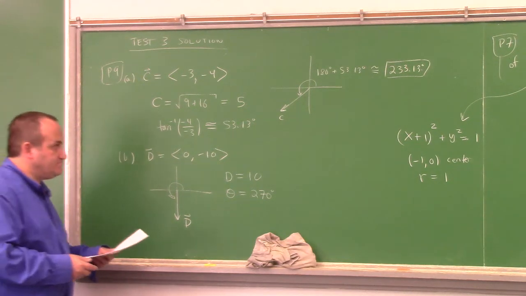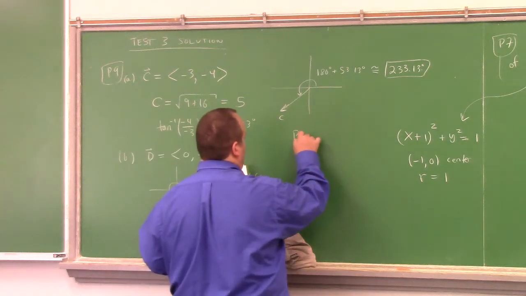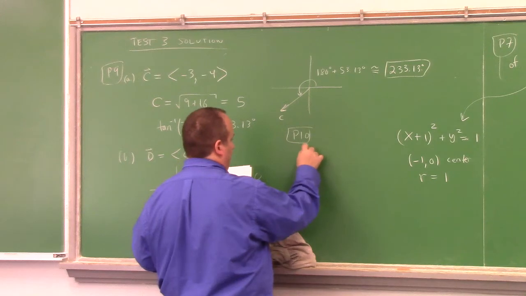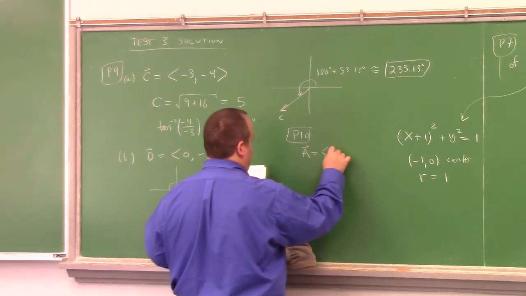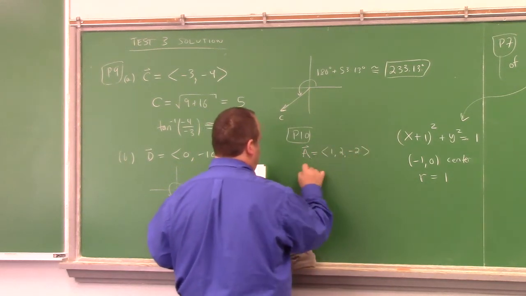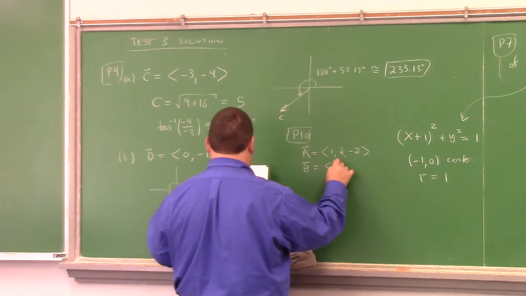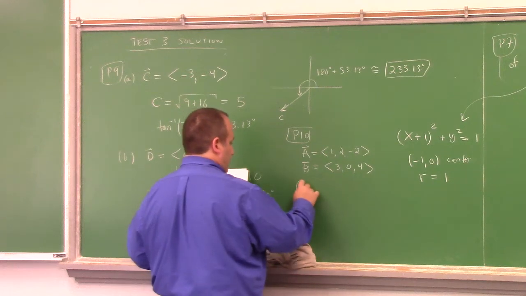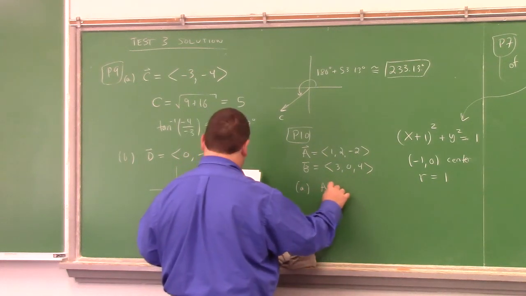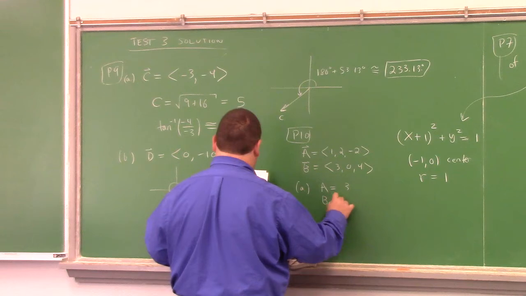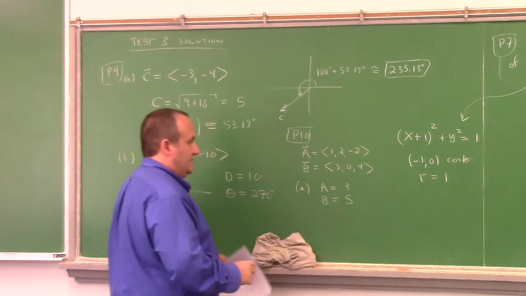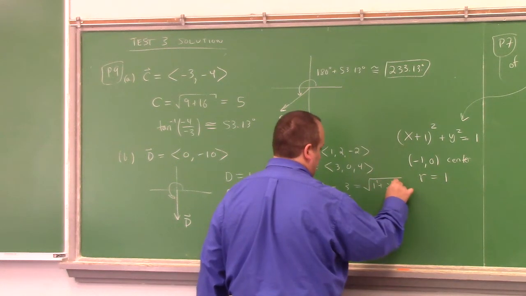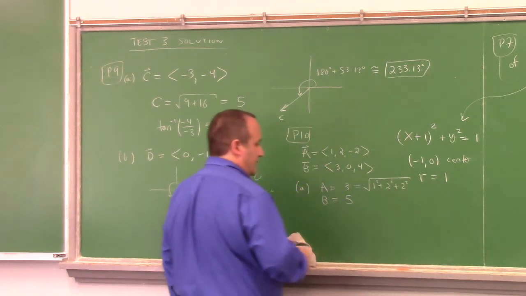So problem 10. You had A was 1, 2, minus 2. B was 3, 0, 4. So the magnitude of A was 3 and the magnitude of B was 5, because that's what you get from the square root of 1 squared plus 2 squared plus 2 squared, yeah? That's the square root of 9, which is 3.